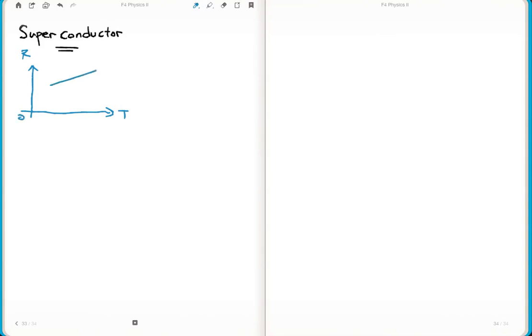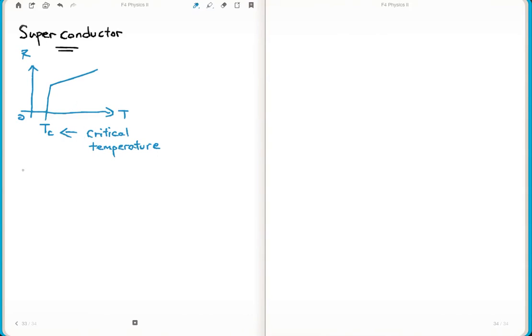You have a curve looking like this. Now, what happened with superconductor is that when the condition is right, you get zero resistance, and this is called the critical temperature. Superconductor is when the temperature reaches the critical temperature of the material, you get no resistance.